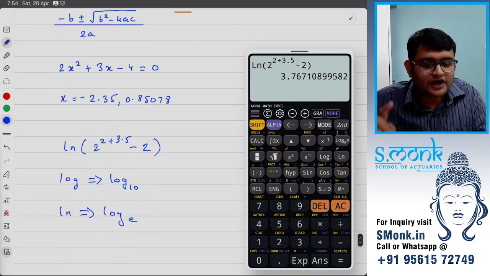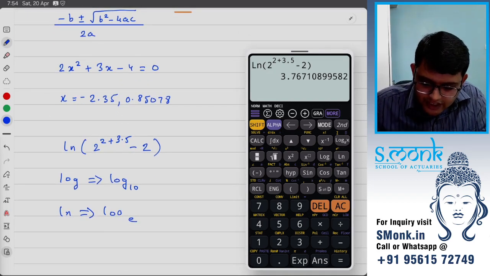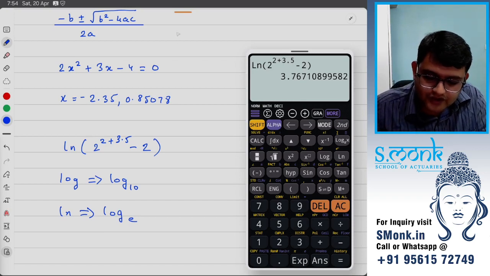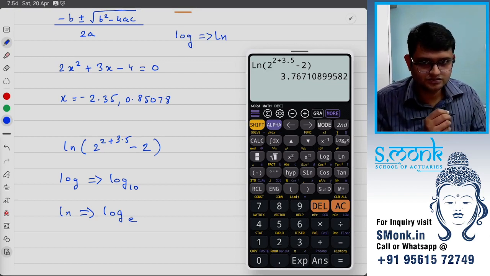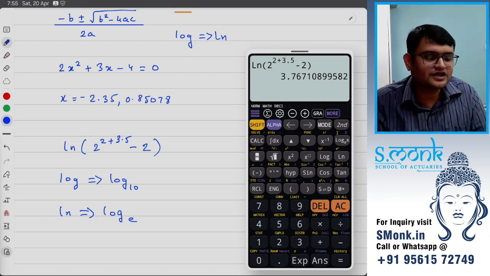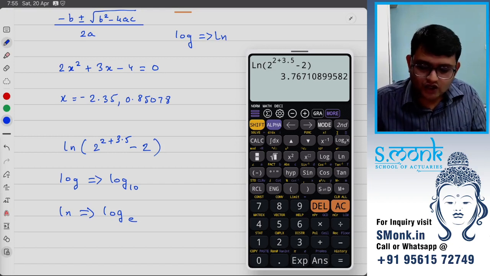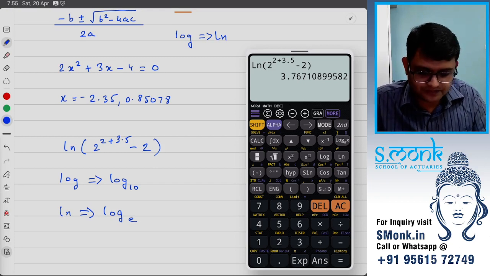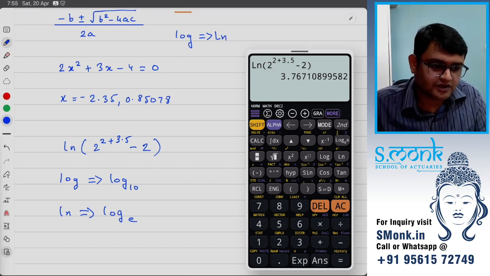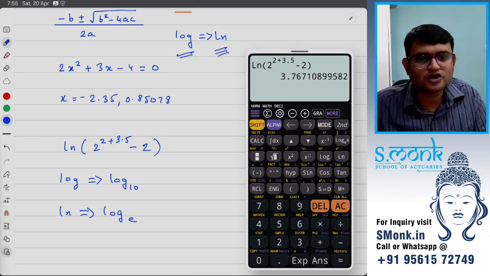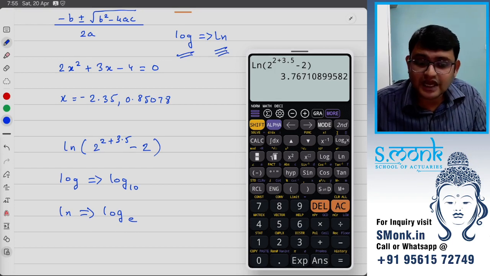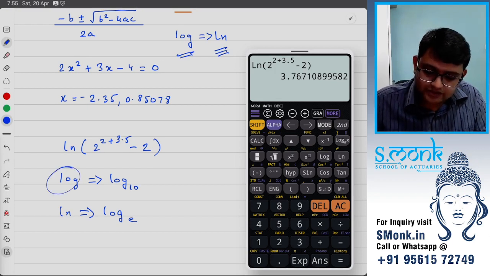Now what happens is in our books, whenever we use the word log, we actually mean ln. Very rarely you will find that log would mean log to the base 10. So in most of the books you will find log is nothing but natural log. But in this calculator, log actually means base 10.